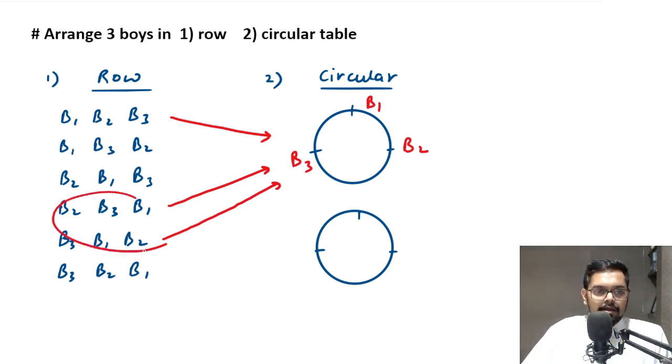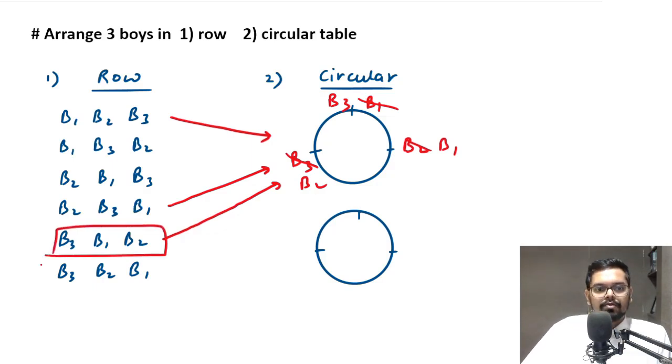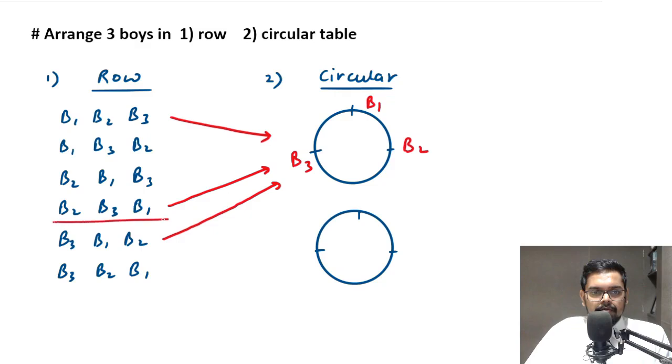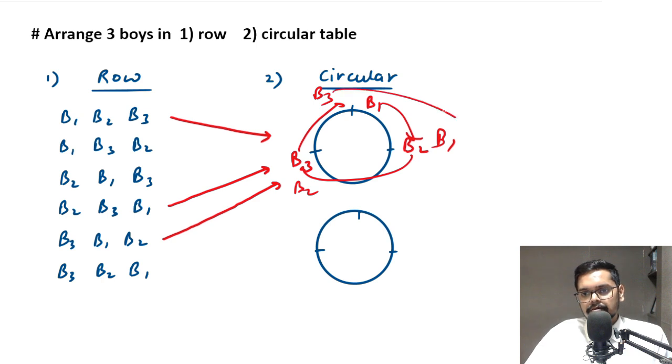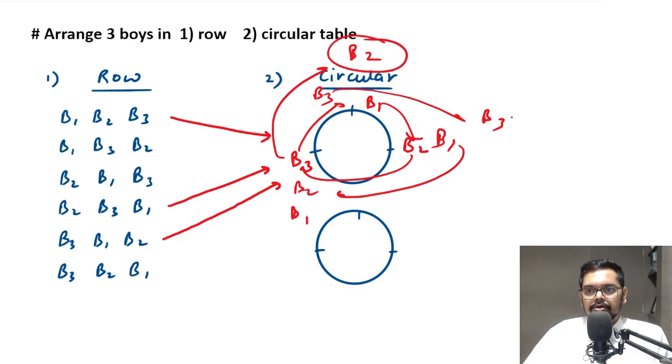So I can prove this and this are the same. Just do the rotation. If I rotate clockwise, b1 comes down, b2 will come here, and b3 will come here. So you can see b3, b1, b2. Similarly, if you rotate one more time, you get this one as well: b2, b3, b1.